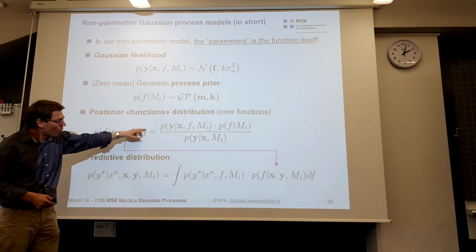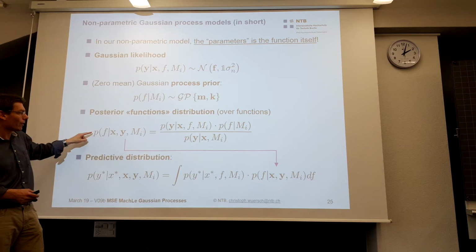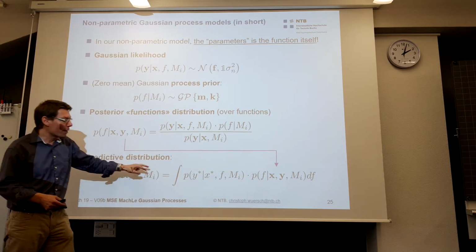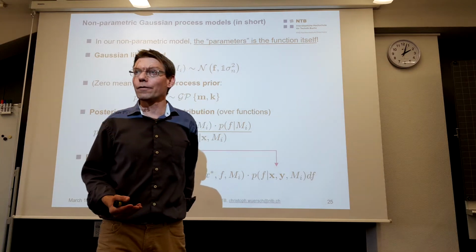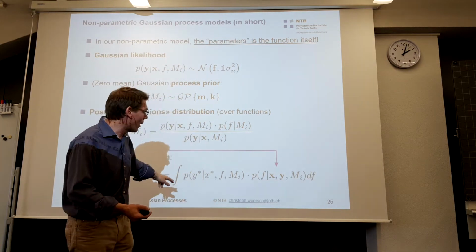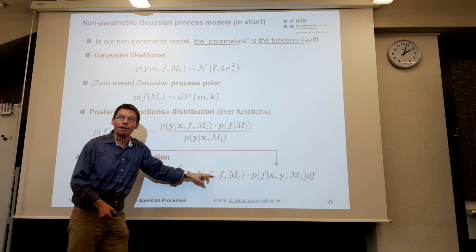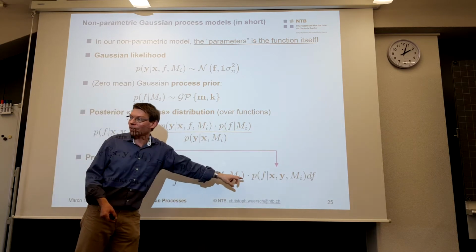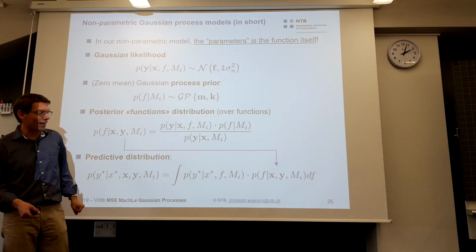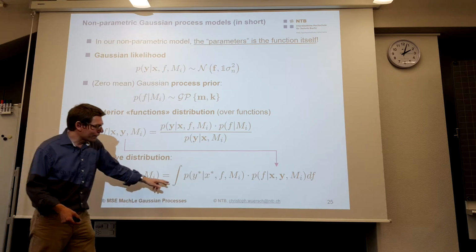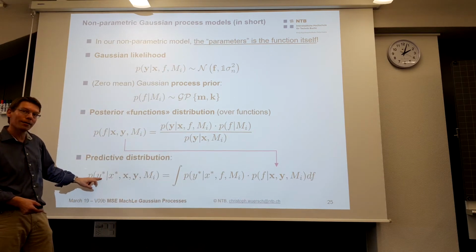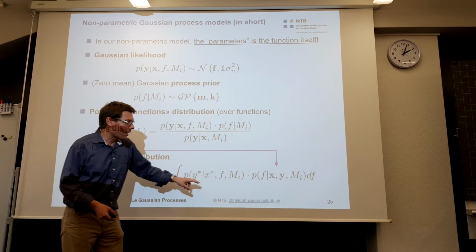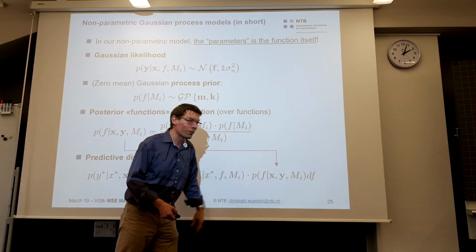Now this is already quite a lot of calculation. If we want to make a prediction for data points that we haven't seen so far, we just plug in and average over these functions. This is just averaging out, calculating the most probable value for y given the functions and the distribution over these functions.